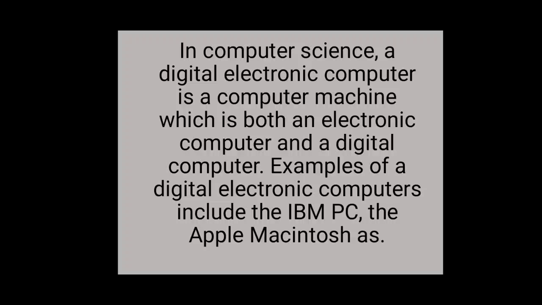A digital computer, as we all know, is the normal modern computer that we have. What this type of computer does is perform problem solving calculations. It solves the problems by performing calculations, dealing with digits, digit by digit.